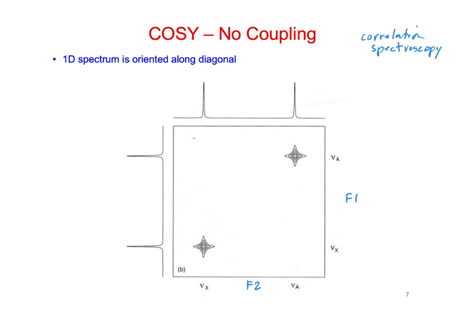The way that we usually look at these is along this diagonal. The one-dimensional spectrum is really along the diagonal, and each of these peaks will have chemical shifts in each dimension.